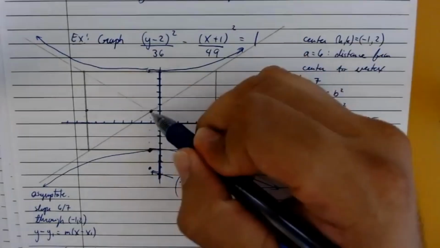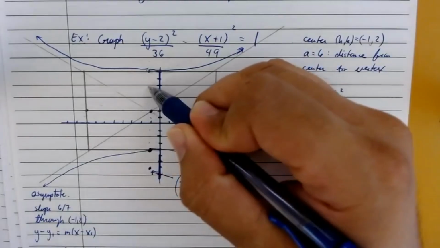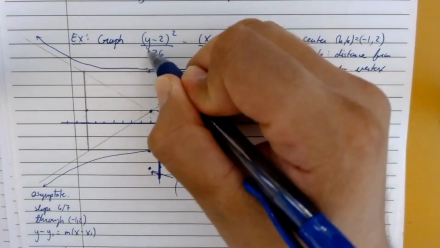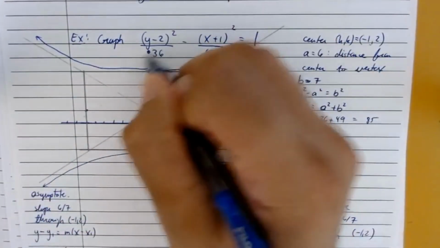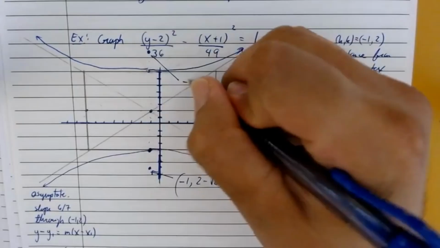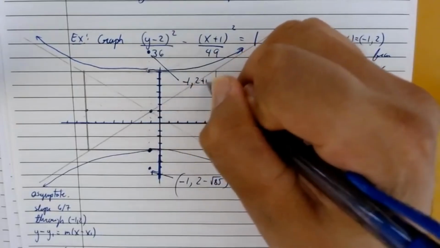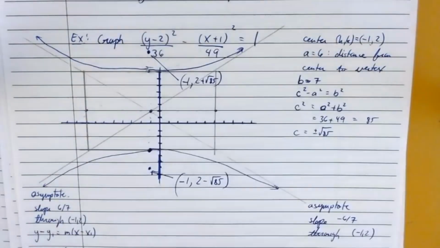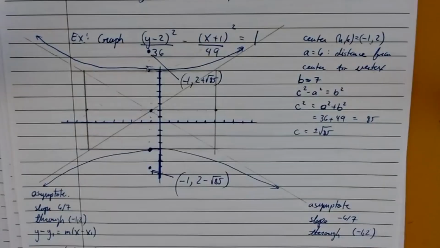And if you go up that many, that's going to be up 1, 2, 3, 4, 5, 6, 7, 8, 9, and a bit. So right about there. And that's going to be your other focus. And that one will be at -1, 2 plus root 85. And there is our graph.